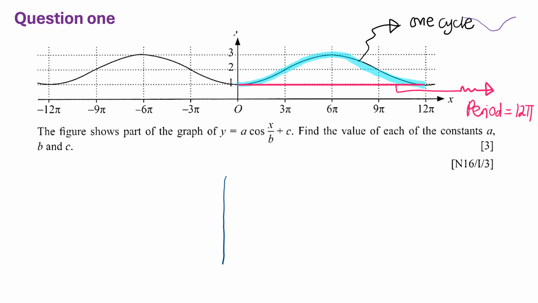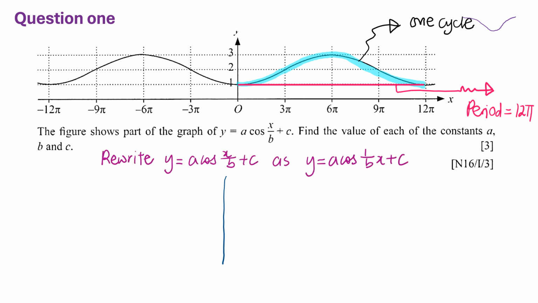So what you need to do first of all is to rewrite your y equals a cos(x over b) plus c. You need to pull out the coefficient of x. The coefficient of x here is not b, it's 1 over b, because x over b is actually x over 1 times 1 over b, which gives you (1 over b) times x.